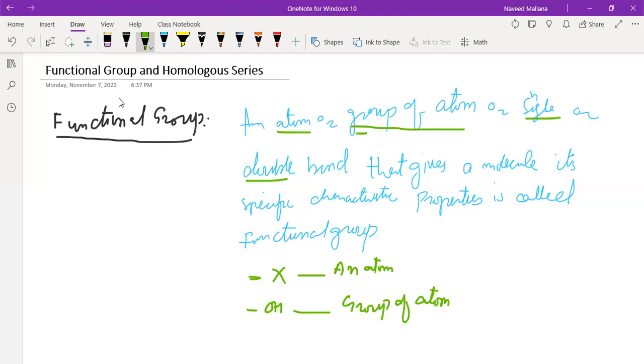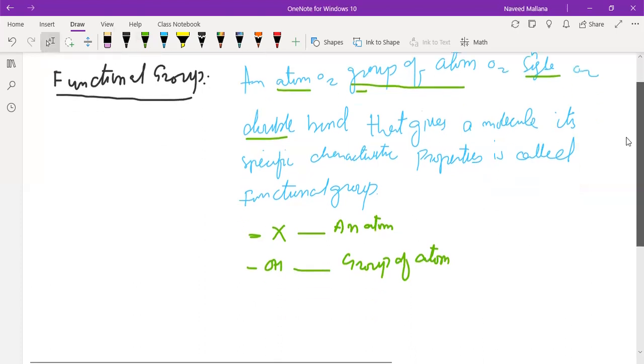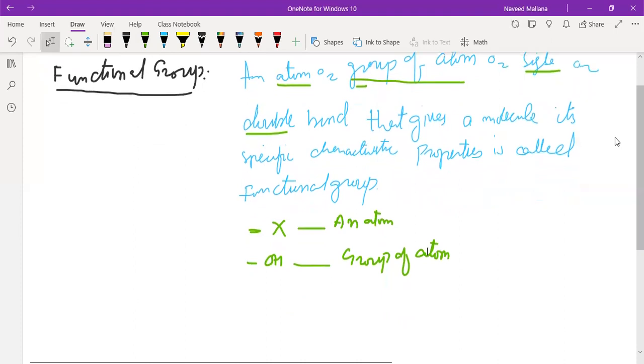We have defined 4 things here about the functional group. Number 1, an atom or group of atom or single bond or triple bond or double bond.